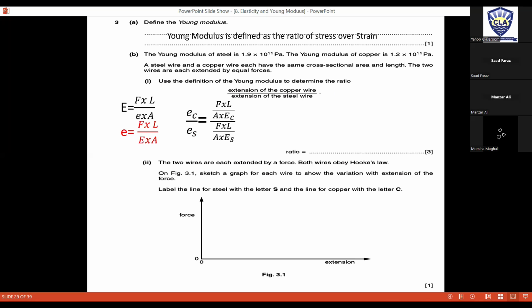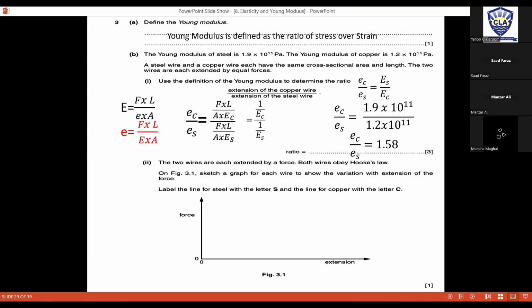F, L and A cancel out, so we get eC over eS, 1 over EC divided by 1 over ES. If we simplify, it becomes ES over EC. We know the Young modulus of both copper and steel. Put it in, simplify that, and you will get the ratio.